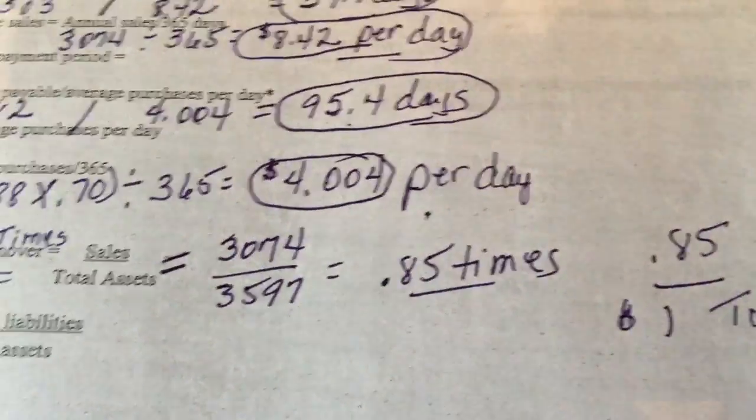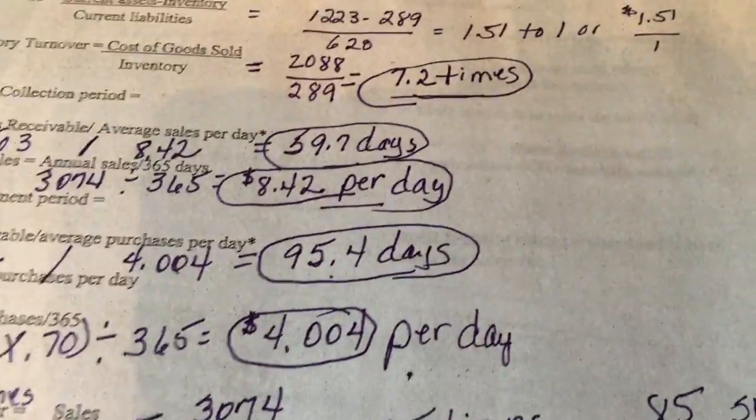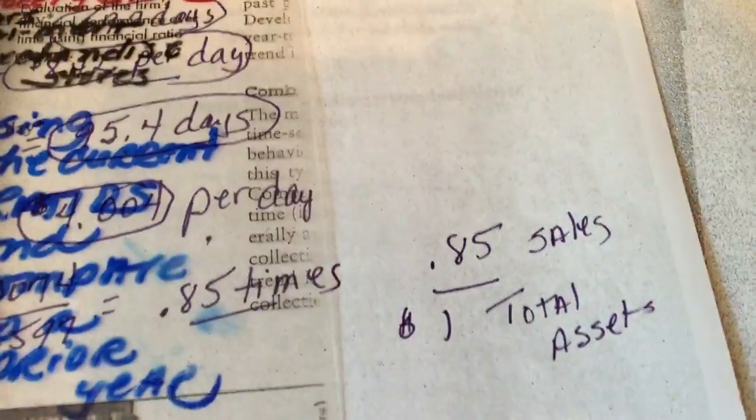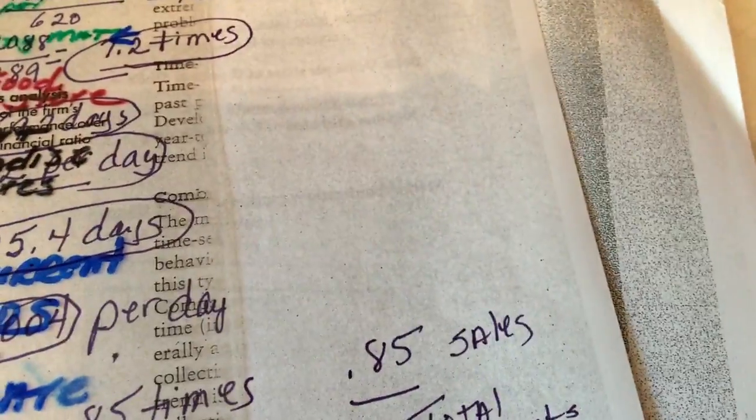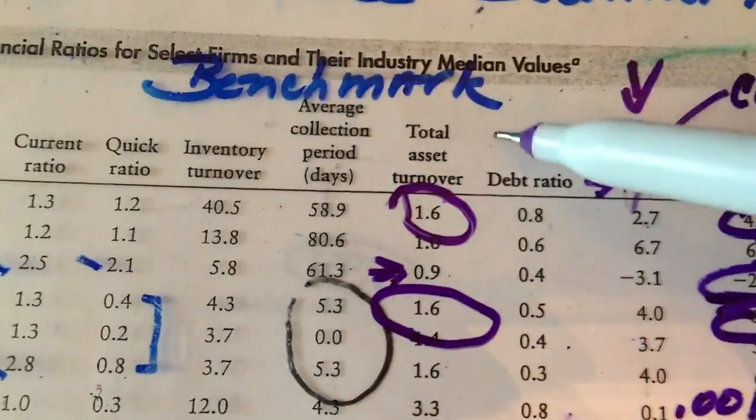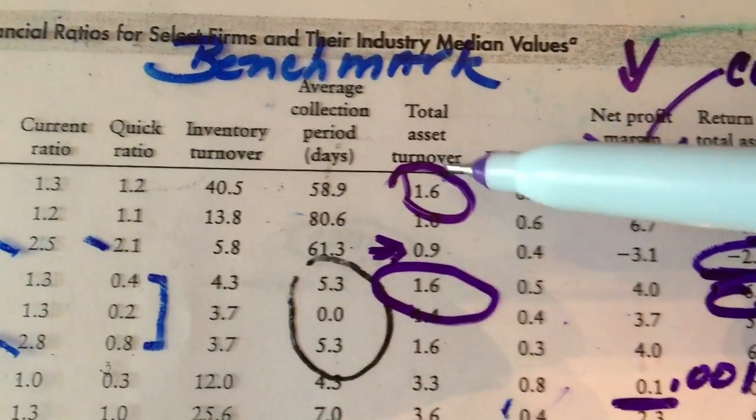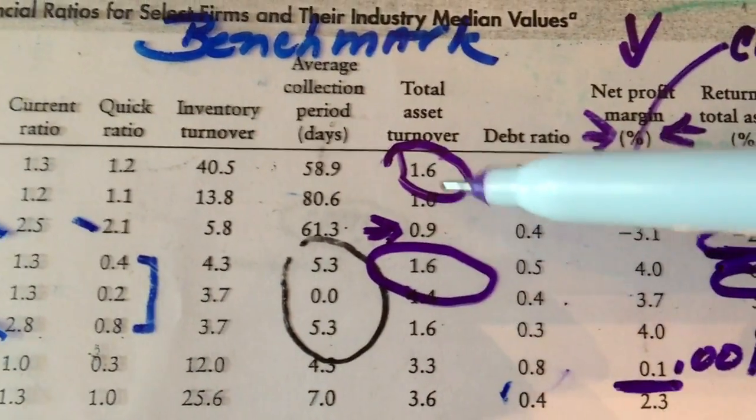So this is a decent turnover. Now let's take a look at what your benchmark would say. So coming to your benchmark, take a look. It does have total asset turnover. Depends on the industry.